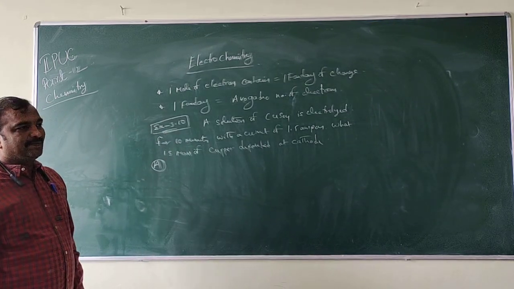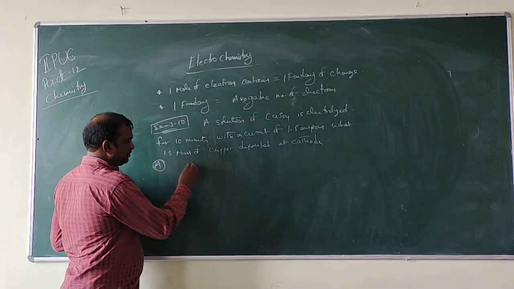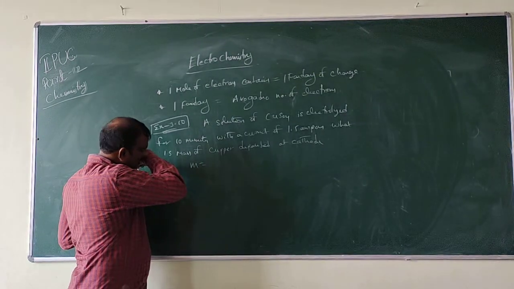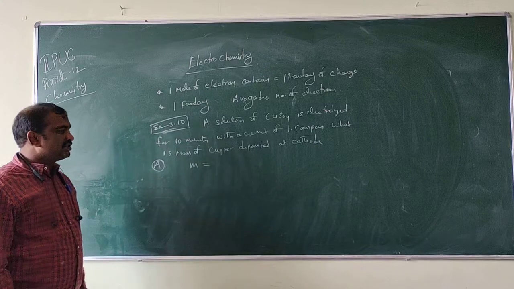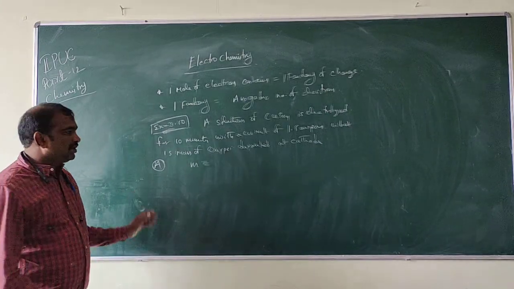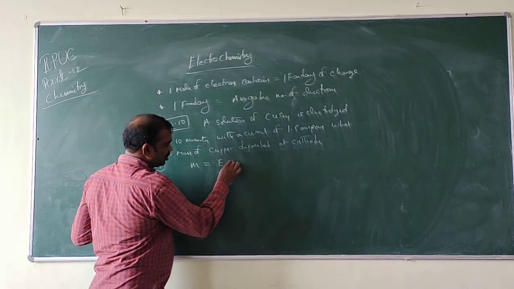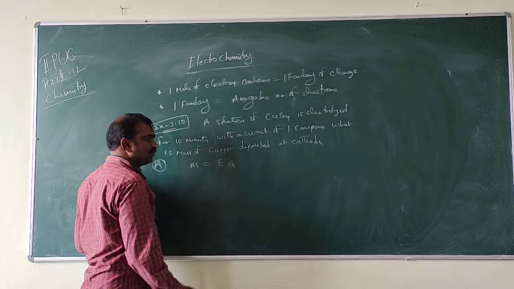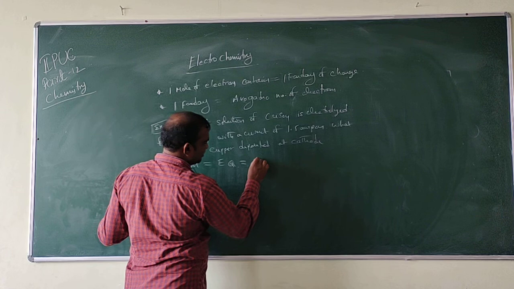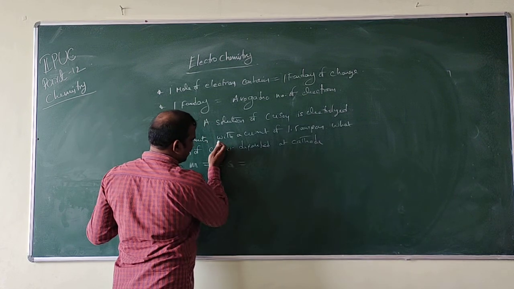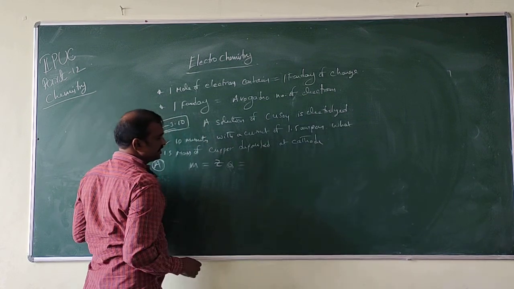Mass of copper deposited. What is the formula from Faraday's first law? Mass is directly proportional to Q, so mass is equal to ZQ.